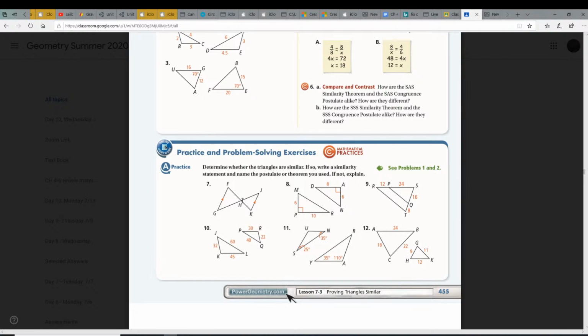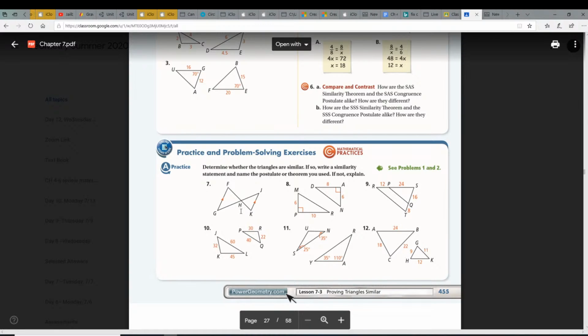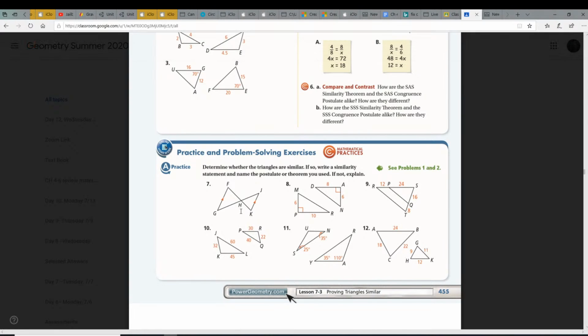So yes, the postulate we used is AA postulate, and that basically says that if you know that these two angles are congruent, you don't have to prove this with vertical angles, but I just did it because it was there, right? You could also do vertical angles and then one alternate interior, but anyways, we have at least two. So this will be AA postulate.